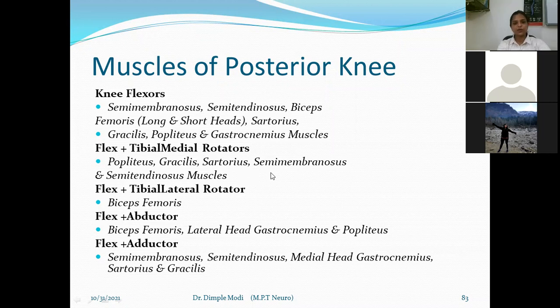Popliteus, gracilis, sartorius, semimembranosus, and semitendinosus. Flexion and tibial lateral rotators: biceps femoris. Flexion and abductor: biceps femoris, lateral head of the gastrocnemius, and popliteus. Flexion and adductor: semimembranosus, semitendinosus, medial head of the gastrocnemius, sartorius, and gracilis.